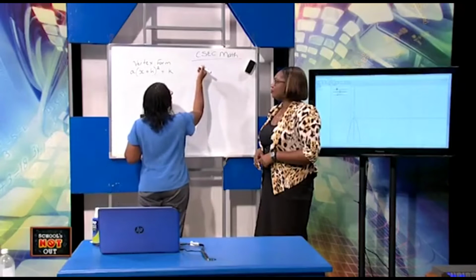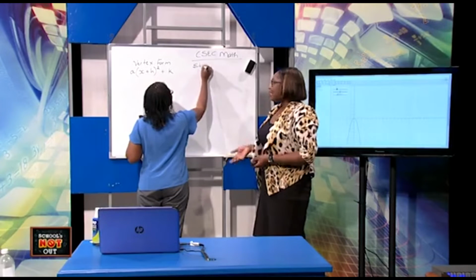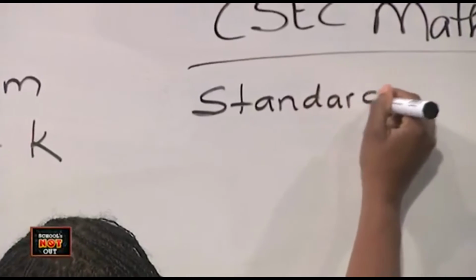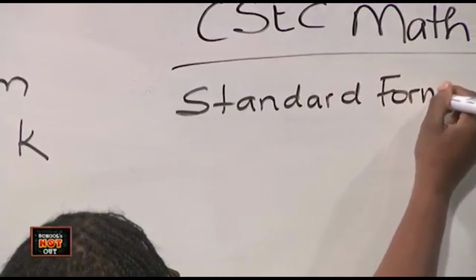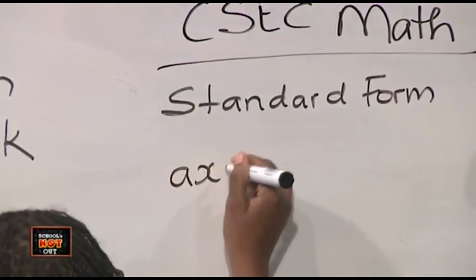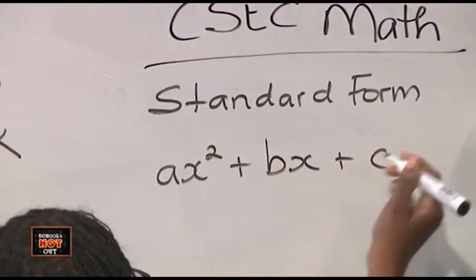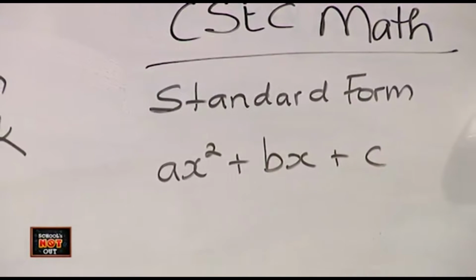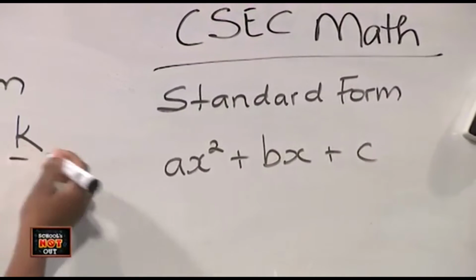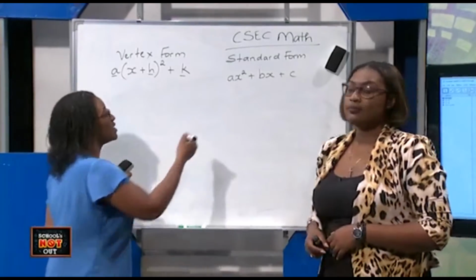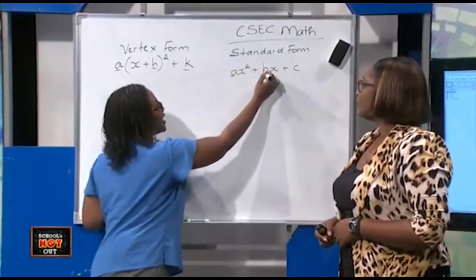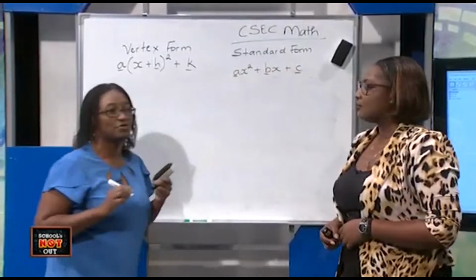And we can also write it in what we call standard form, where we have ax squared plus bx plus c. Please note that A, h, and k here are real numbers, and so A, B, and C in this form are also real numbers.